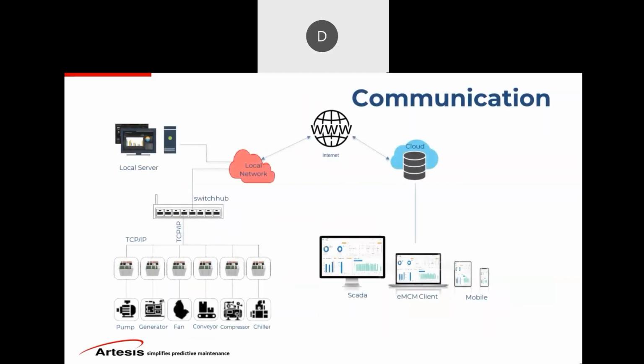Right out of the device, we send the data out initially from the EMCM via Cat6 Ethernet cable, so you can tie that into your local switch and get it into your local network. And with the cybersecurity these days, some companies say, we don't want cloud at all, and we can just cut off the cloud part of this and keep it all on your local network. The data, which is unique, I think, these days, doesn't have to go out to the Artesis cloud or have somebody at Artesis looking at the data for you.